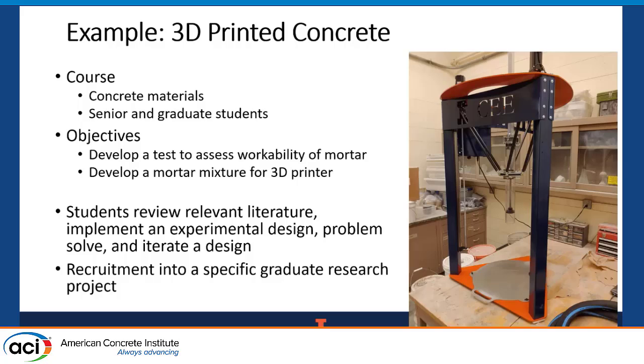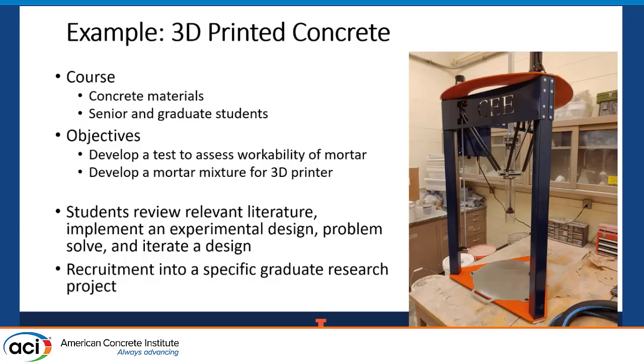We have to have very targeted properties with our mortar in this case for it to be able to extrude and then support itself. That takes a lot of work and a lot of trial and error, trying to figure out how to make this all work. In this one, the students develop a literature review.